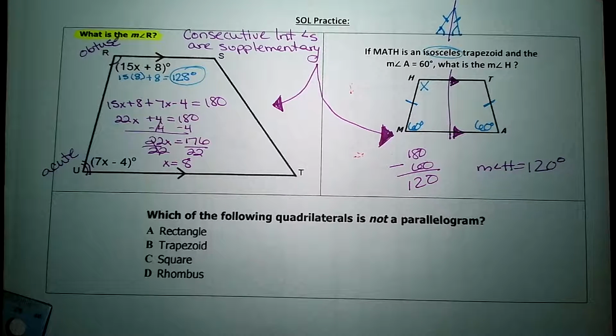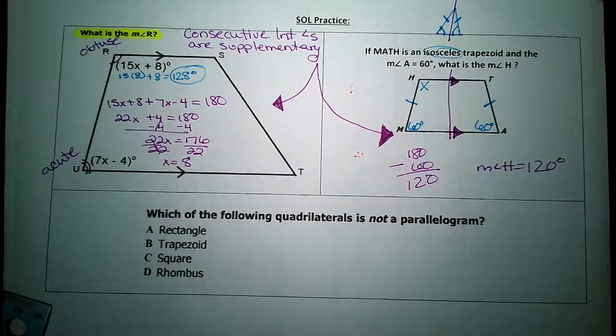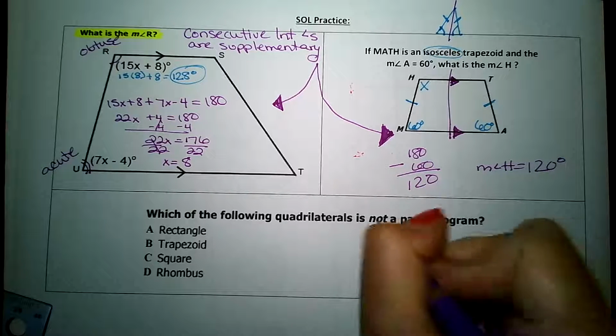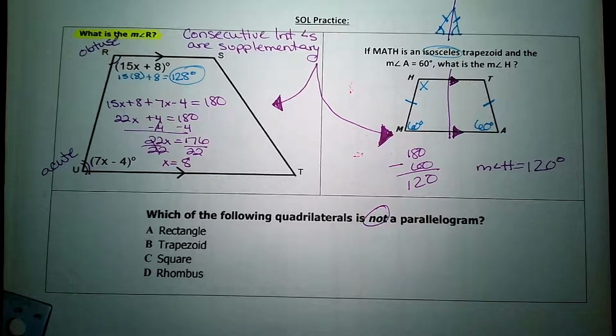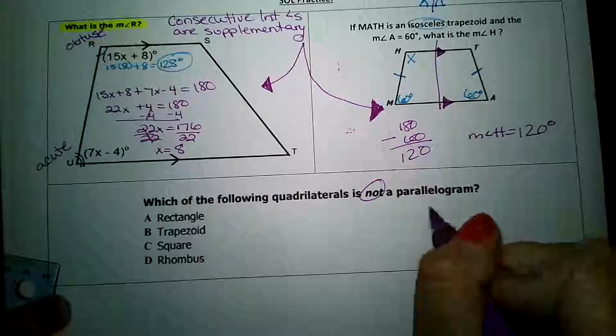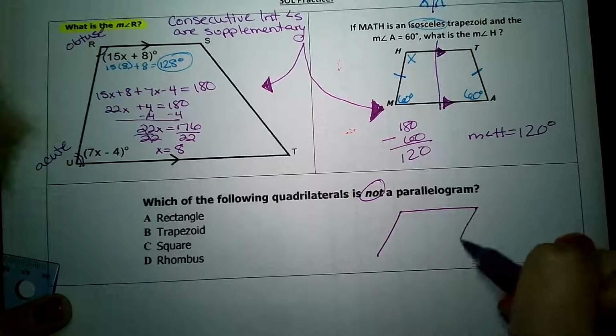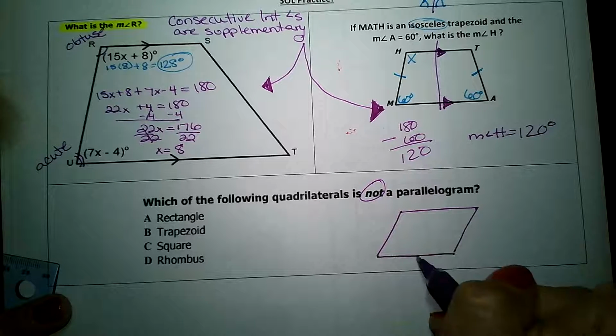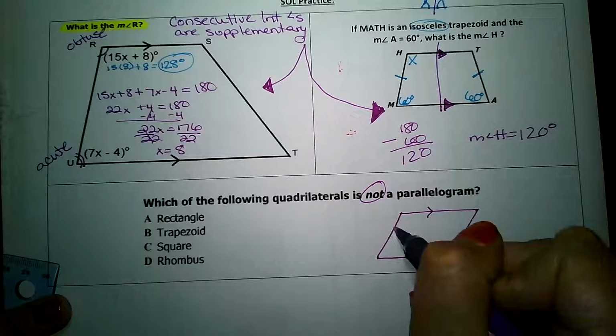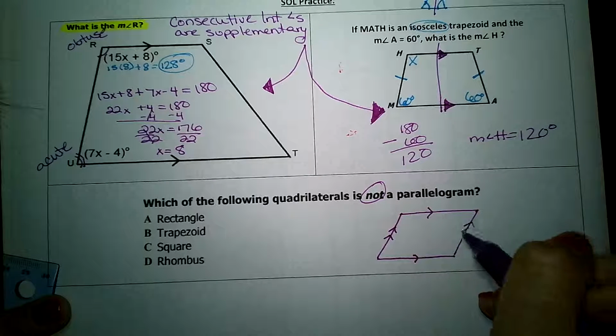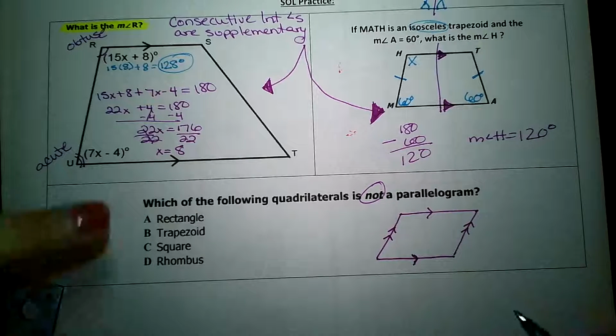Final example for you. Which of the following quadrilaterals is not a parallelogram? All right, I want you to draw a parallelogram and think it through. A parallelogram has two sets of parallel sides. Okay, a rectangle.